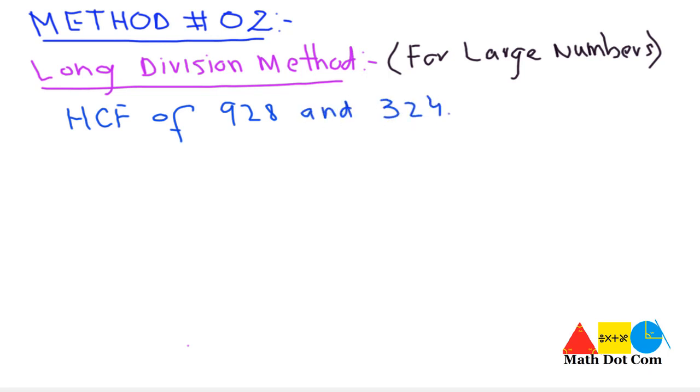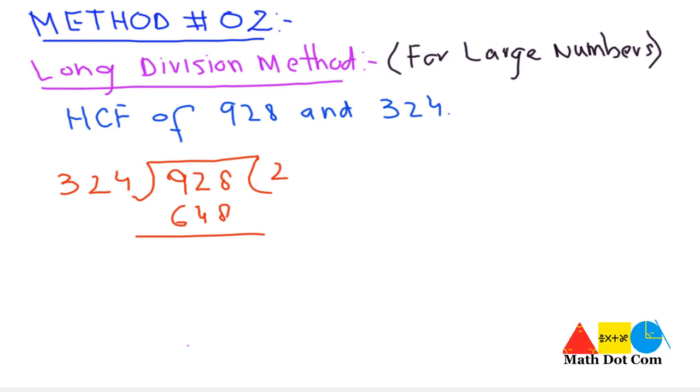What we will do here is write it in the form of division, keeping the largest number inside and the smaller one outside. We can write it as division: 324 2s are 648, and here we have 280.